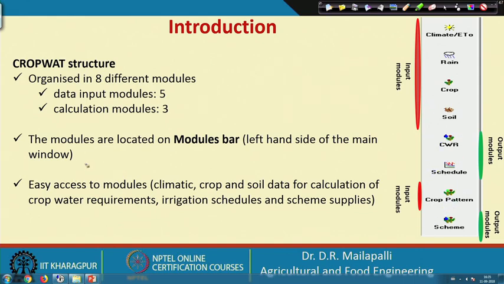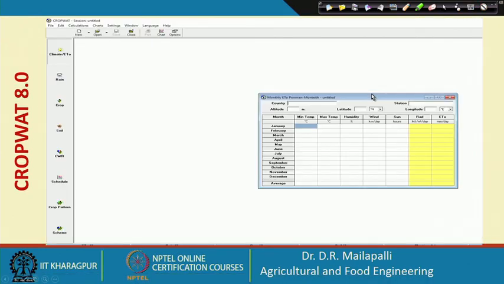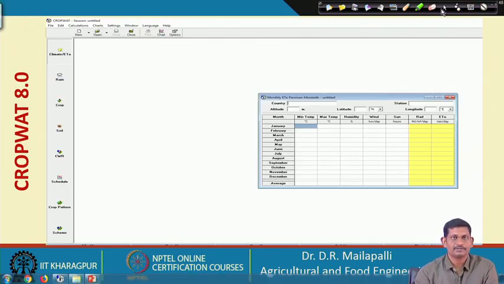And the modules are located on the module bar. It looks like this, with easy access to modules like climate, crop, and soil data for calculation of water requirements, irrigation schedules and supplies.